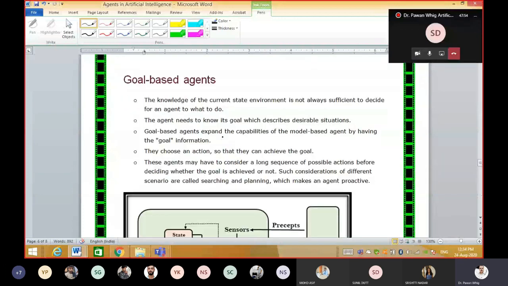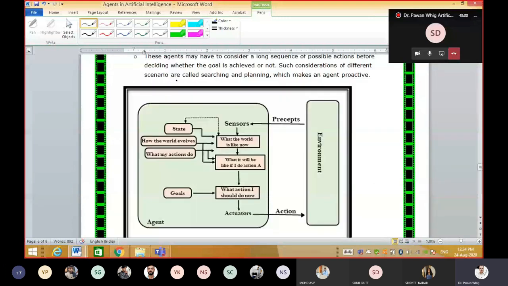Now the next one is the goal based agent. What are goal based agents? A goal based agent is an improvised version of the model based agent. Here, along with the specific model, a particular goal is added to the agent.